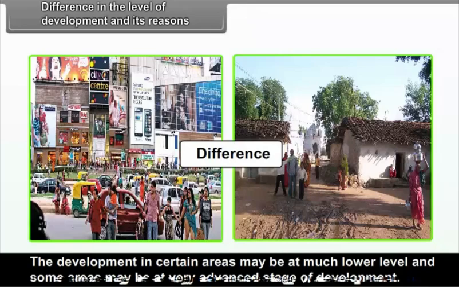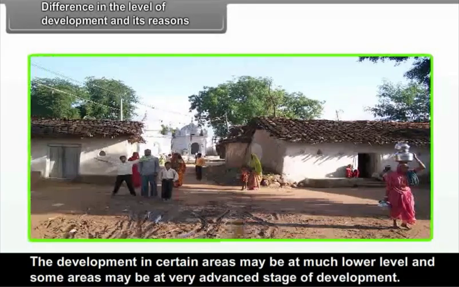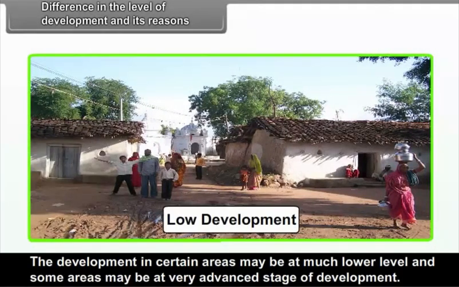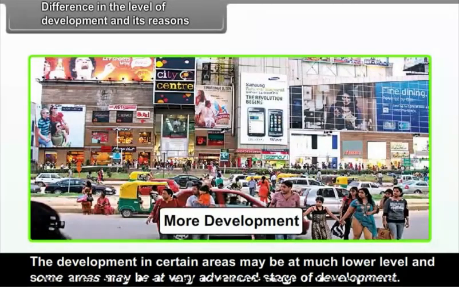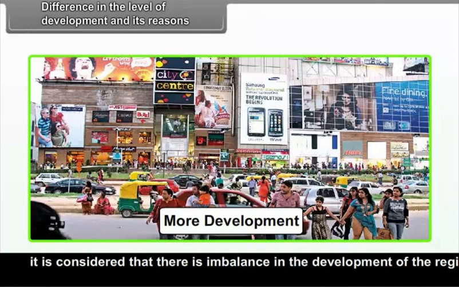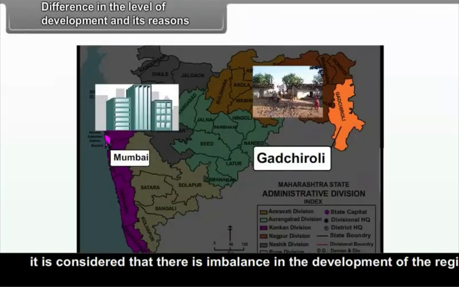The development in certain areas may be at a much lower level and some areas may be at a very advanced stage of development. If in any region there exist very high differences in the levels of development among different parts, it is considered that there is imbalance in the development of the region.